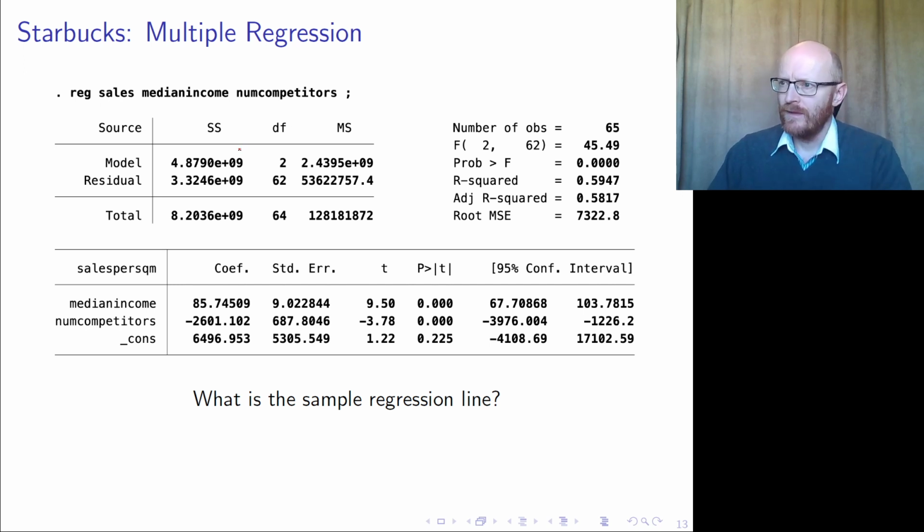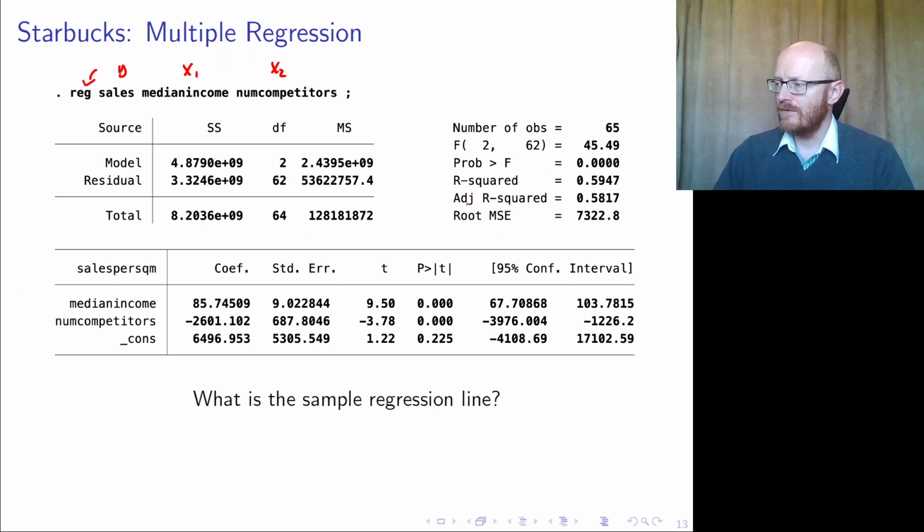For example, if you regress sales on median income and number of competitors, so this is your y, this is your x1, this is your x2, so now you have two explanatory variables.